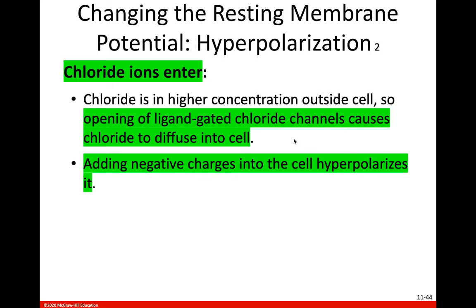And so you're going to, again, cause hyperpolarization, which means further away from zero, which means no action potential, because action potentials happen when we get to negative 55. If we're driving the charge inside the cell down, then we are not getting our more positive charge inside the cell, and we're not going to get that action potential.